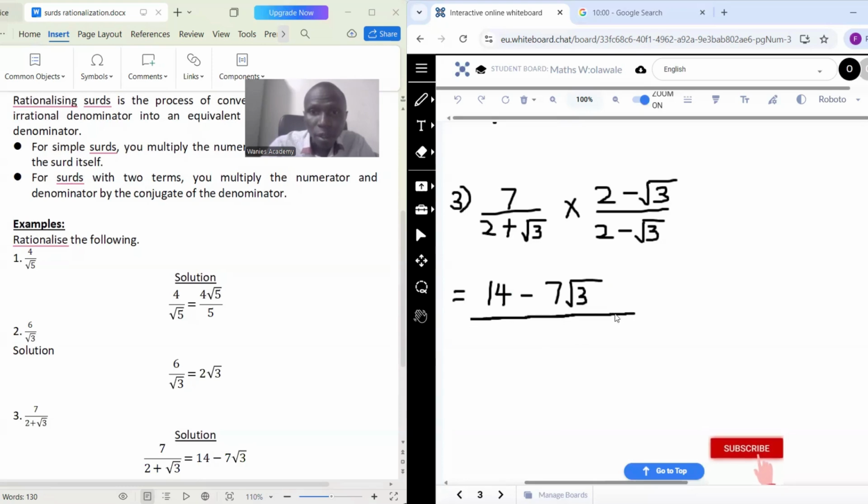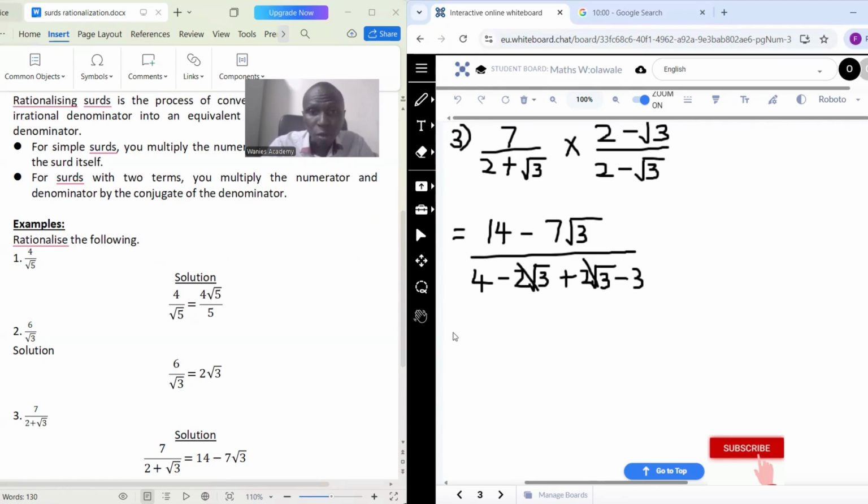Then over, we multiply the denominator. 2 times 2, we have 4. 2 times minus root 3 is minus 2 square root of 3. Then root 3 times 2 is plus 2 square root of 3. And plus root 3 times minus root 3: plus times minus is minus, and root 3 times root 3 gives us 3. If you look at the denominator, the second and third terms give us 0, because minus 2 root 3 plus 2 root 3 gives us 0.